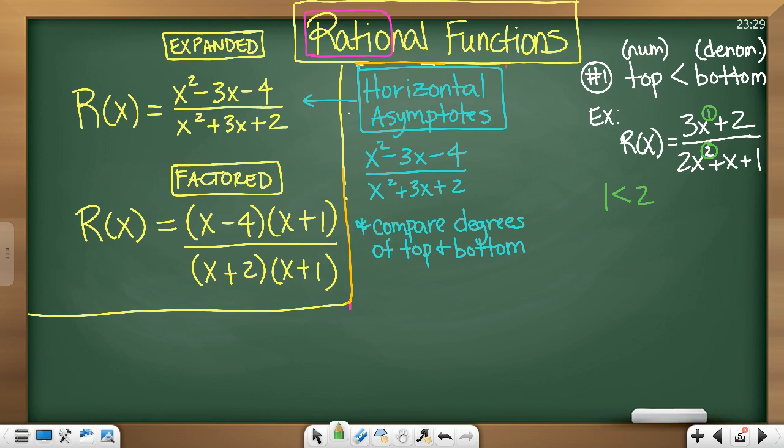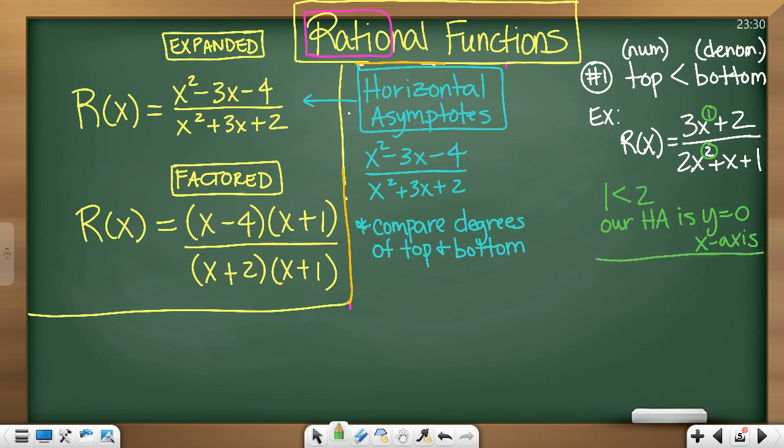What this means is our horizontal asymptote, HA, is y equals 0. That's the x-axis. That's condition 1.